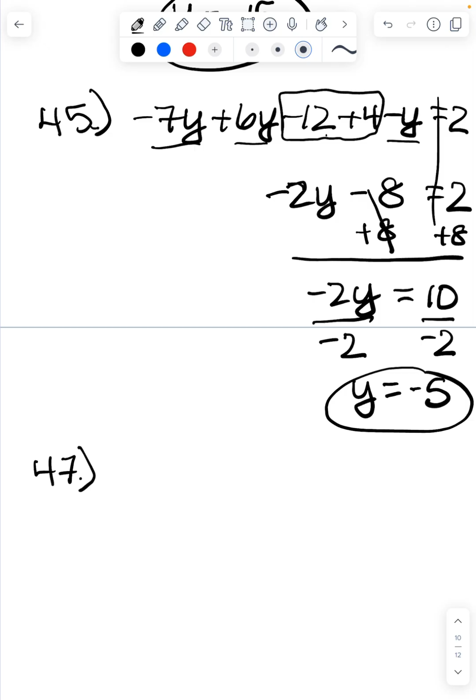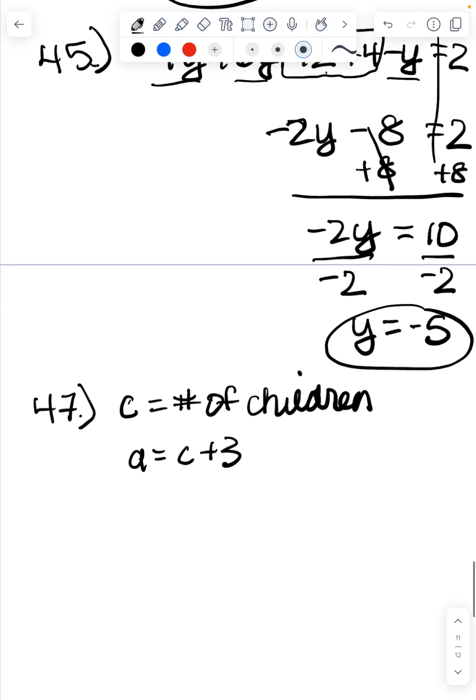So they tell us something about the children. So let's start with letting our variable be C. C is the number of children. They also tell us there are 3 more adults than children. So that means the adults is the children plus 3.